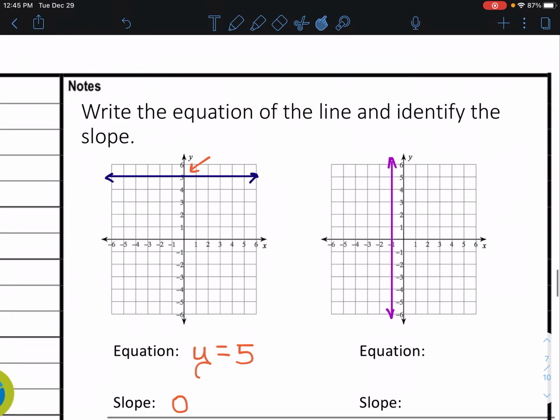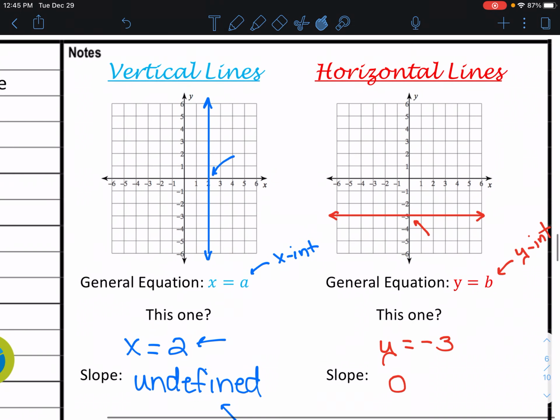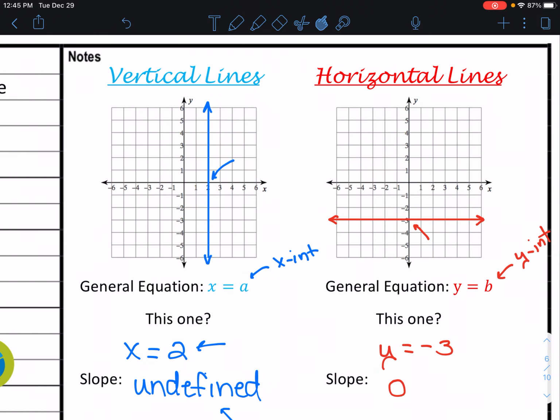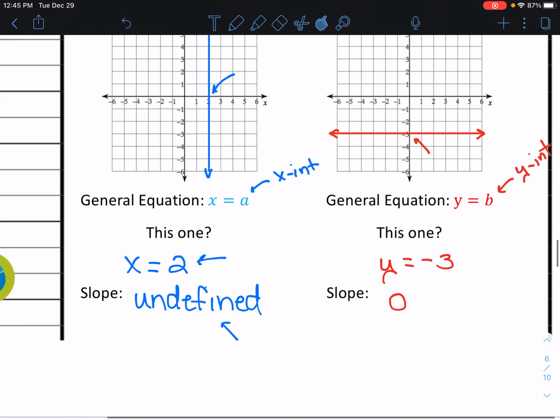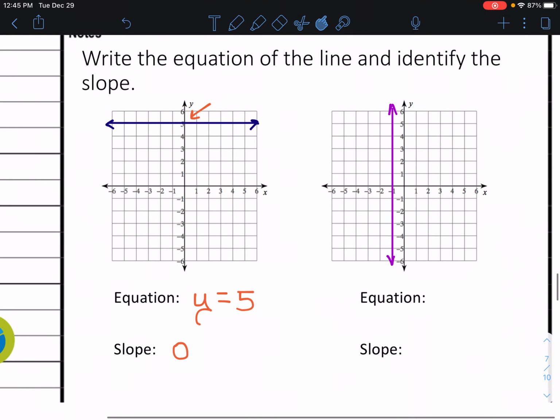Notice I can compare that to this red one on the right there. Notice y equals 3, and it looks similar, it's straight across. So I can compare to make sure. Okay, this one on the right, in purple, is vertical. If you want to write the slope first, you could do that.